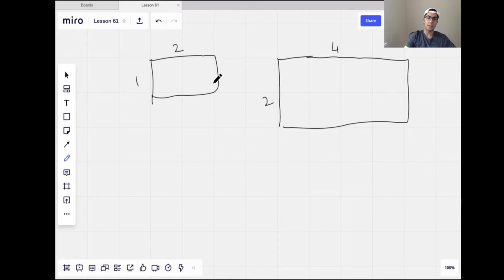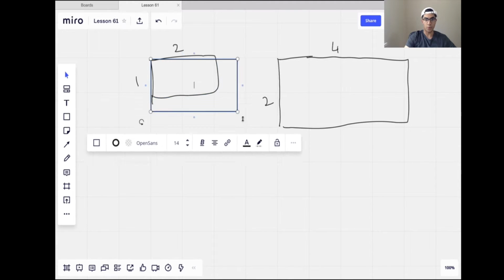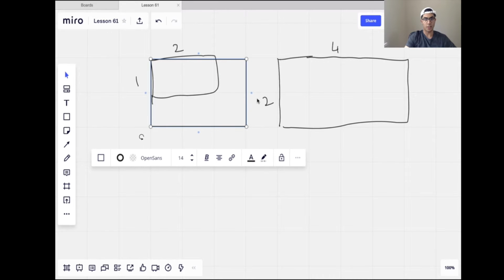Basically, you can tell that this rectangle is just, if you stretch it, if you pull it out, like a zoom function. So you have this rectangle, and if you take this same rectangle and you pull it out like this, you've got the rectangle on the right.